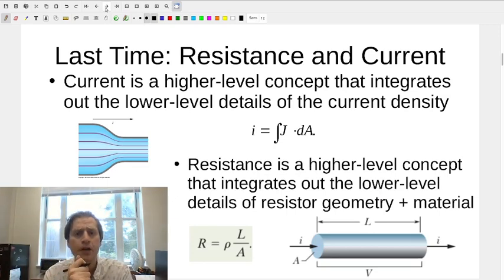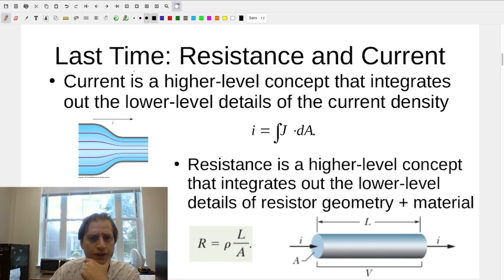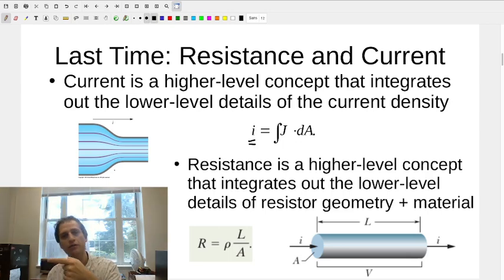So we've talked about resistance and current before, but something I just want to drive home one more time is that current is not the whole story. Okay? So if you have a wire and you have a certain number of charges that are passing through a surface per unit time.